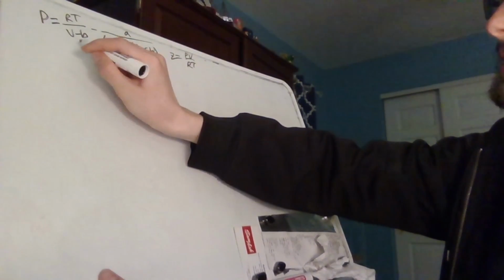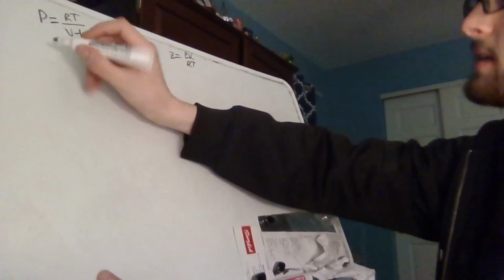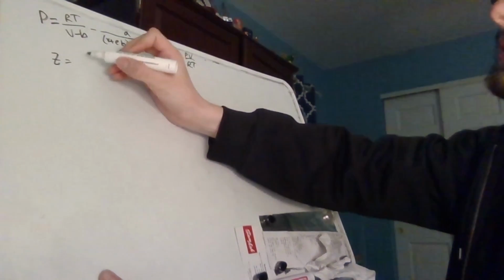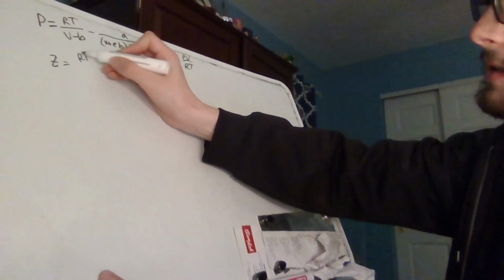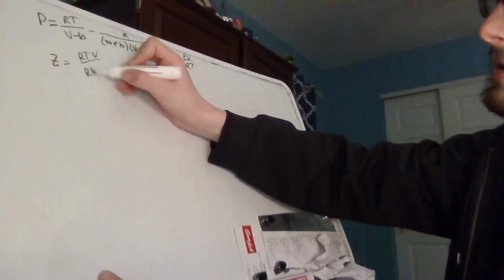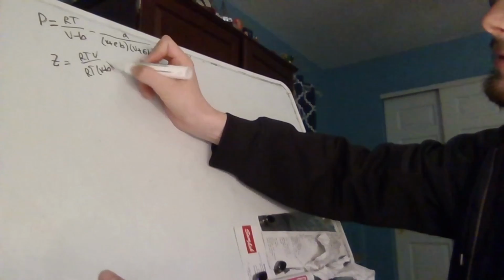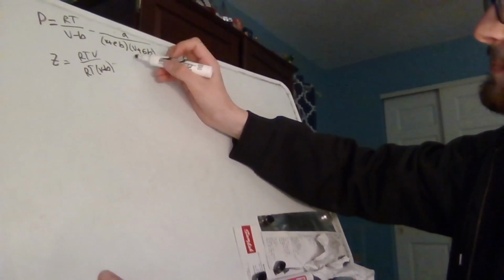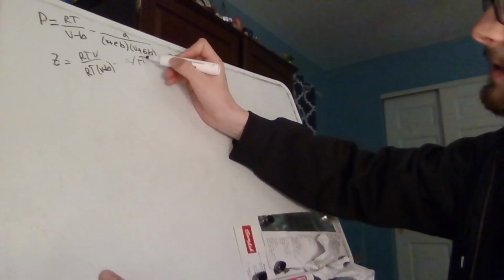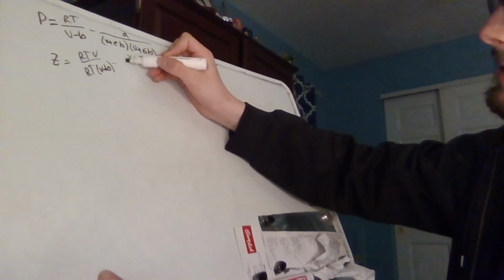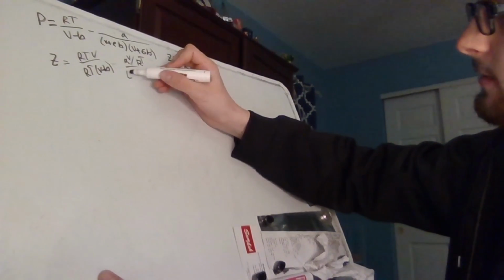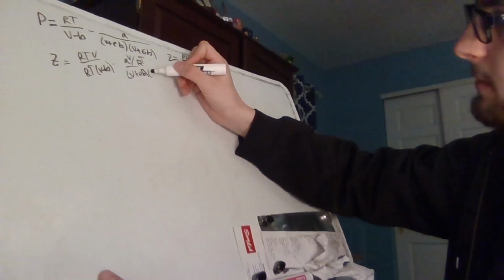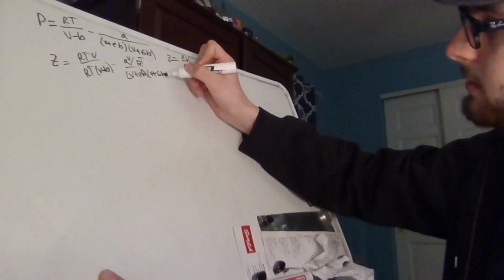I'm going to start by first making this equal to Z, so I have to multiply everything here by v over RT to make each side equal to Z. So we have Z is equal to RTV over RT times V minus b, minus a V over RT times V plus epsilon b times V plus sigma b.